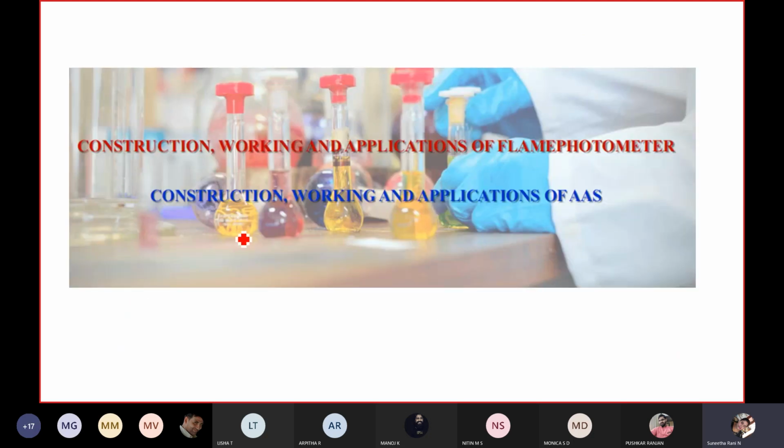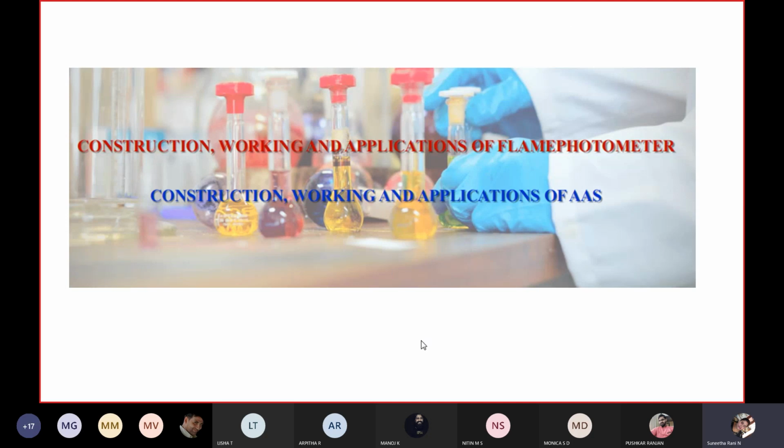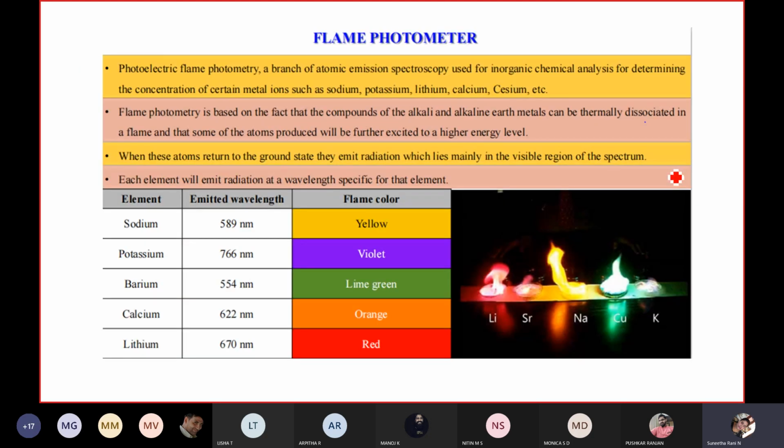Next is the construction, working and applications of the flame photometer and AAS, atomic absorption spectroscopy. First, let's see what a flame photometer is. You have done an experiment in your PU course: take the salt on a spatula, add HCl, and keep it in the flame.